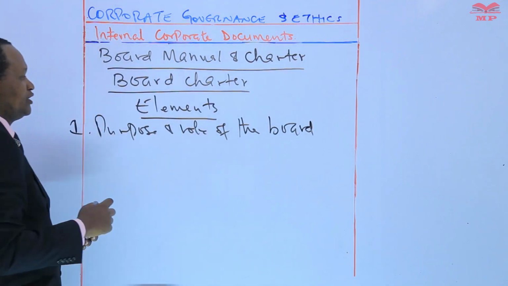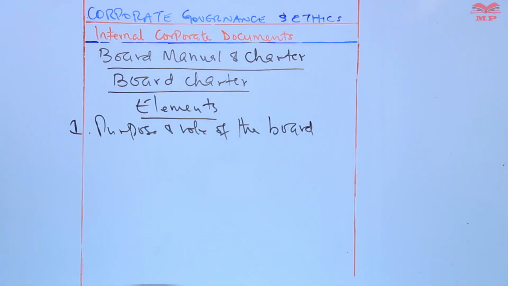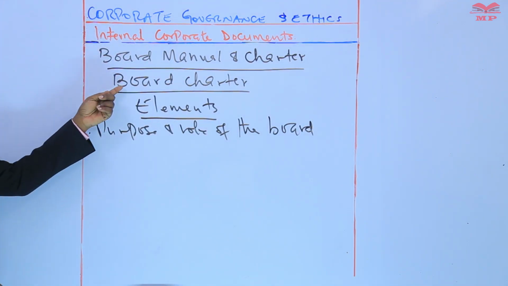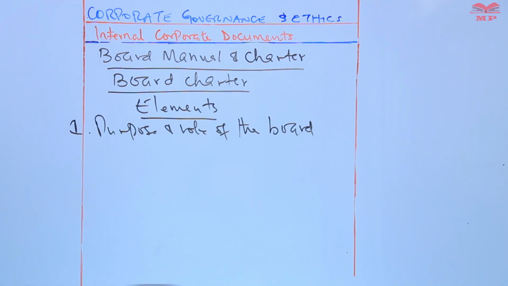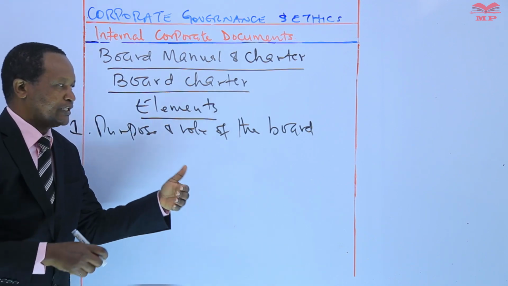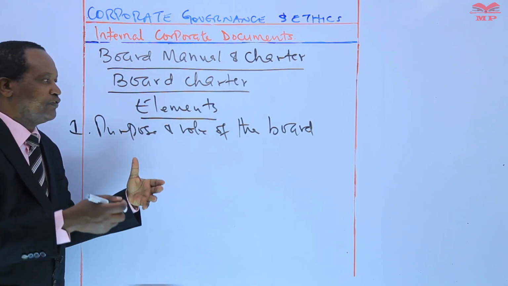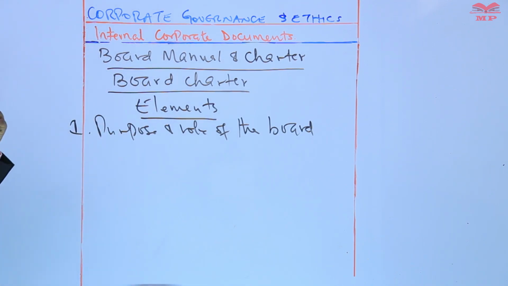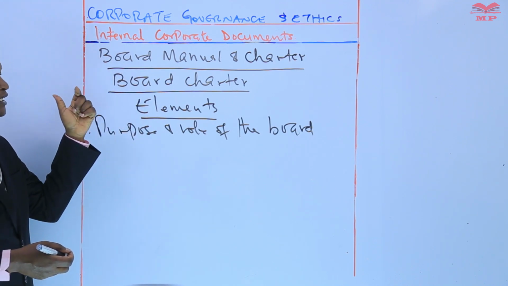The purpose and role of the board must be clearly defined in the board charter. The primary responsibilities, such as setting strategic direction, overseeing management, and ensuring accountability, are the key roles of a board, and they have to be contained in a board charter.